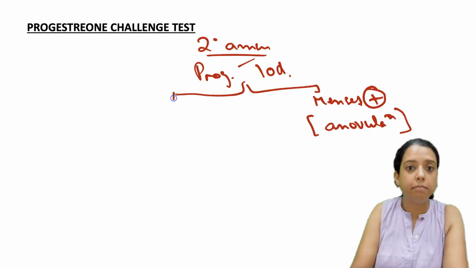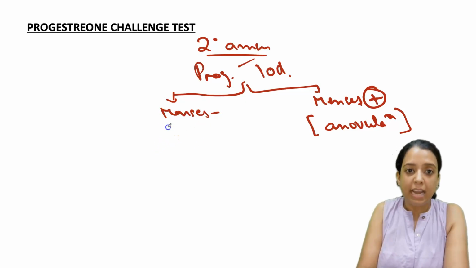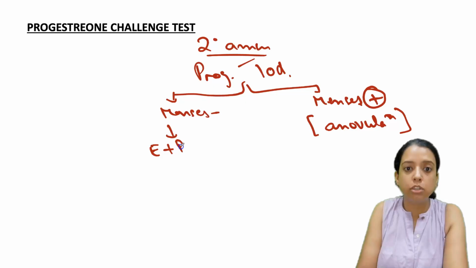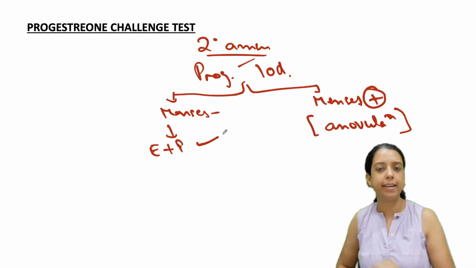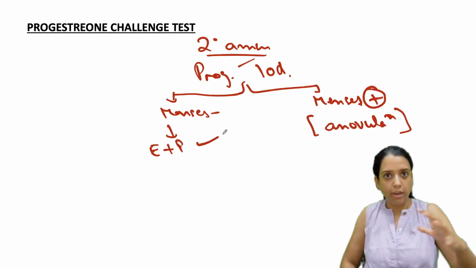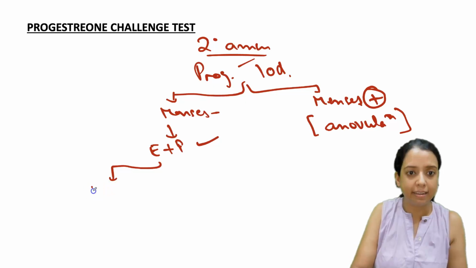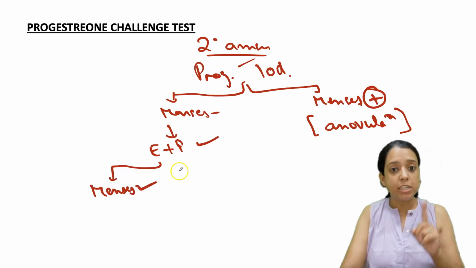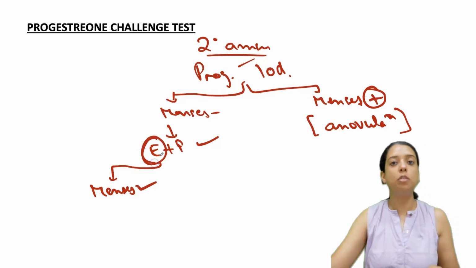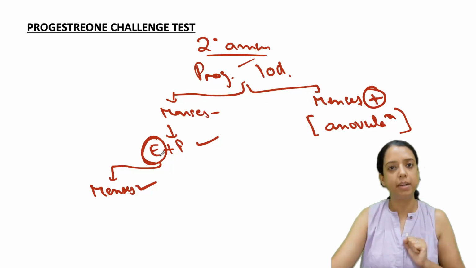Suppose menses don't come after giving progesterone for 10 days. Now you give her estrogen and progesterone both. Estrogen for 28 days, progesterone in the last 10 days. Now the endometrium gets prepared and starts bleeding. It means the patient was lacking estrogen. You gave estrogen, the patient started bleeding.